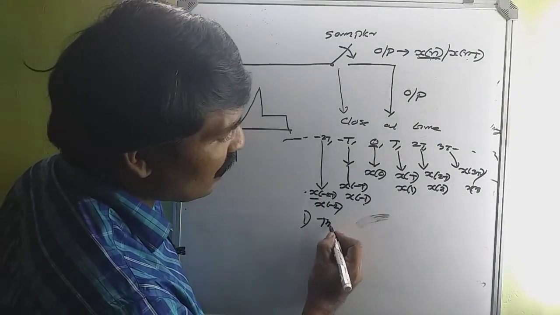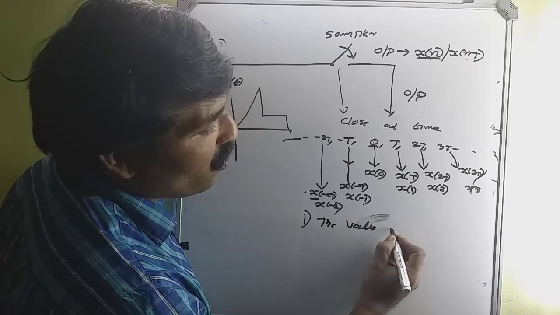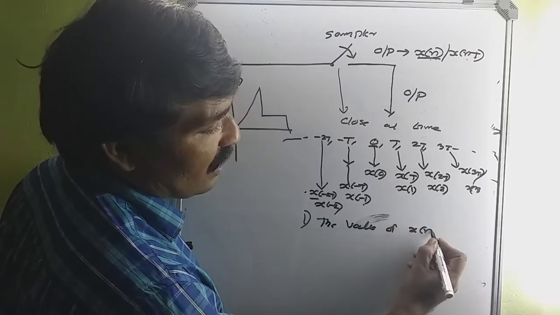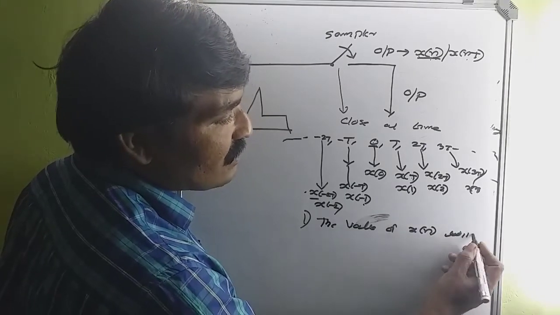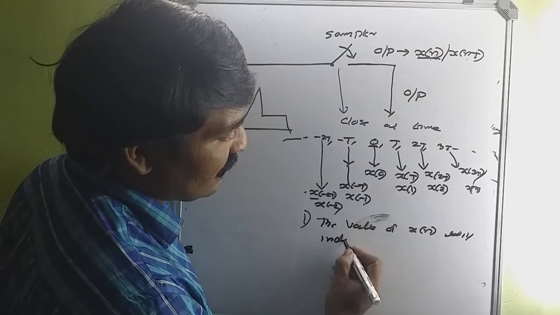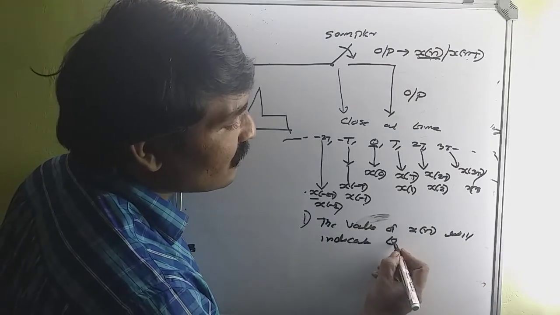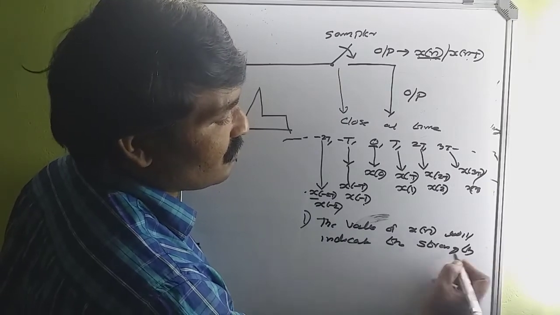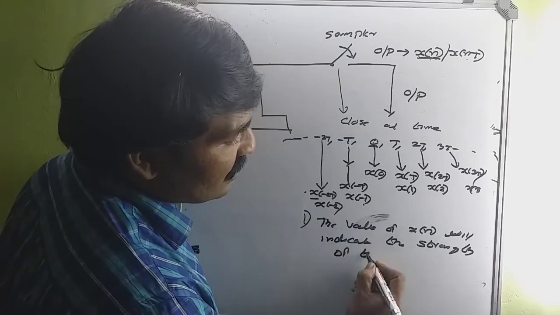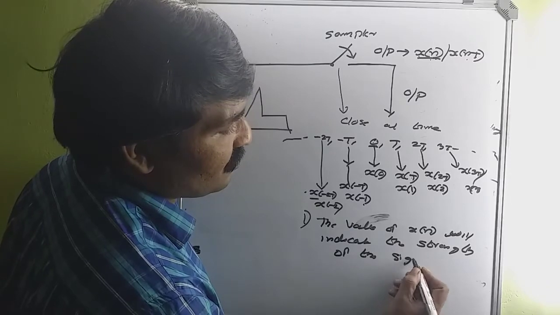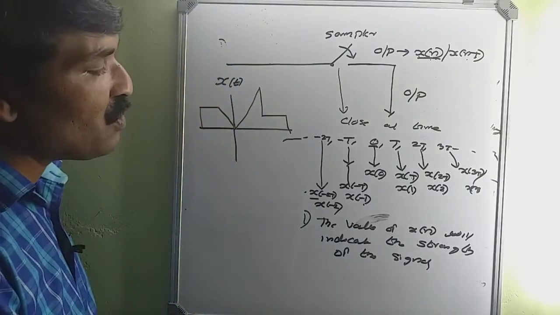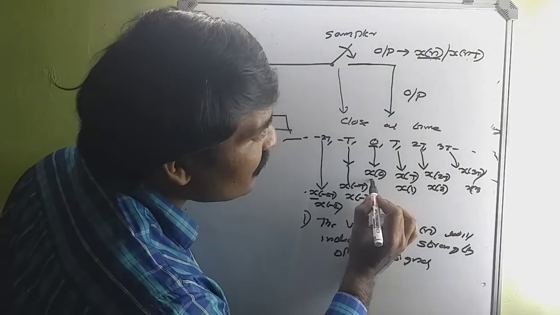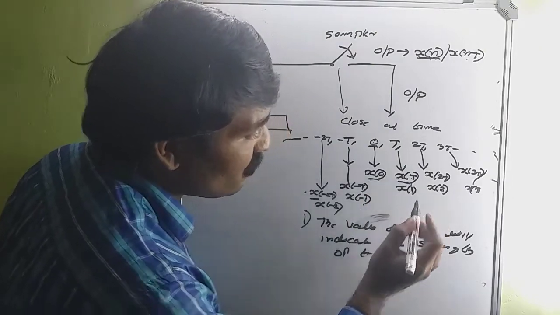The value of x of n will indicate the strength of the signal. So what is the value of the signal in between x of 0 and x of T?